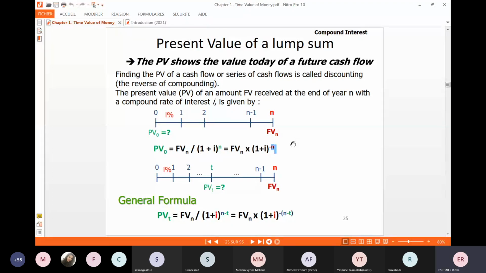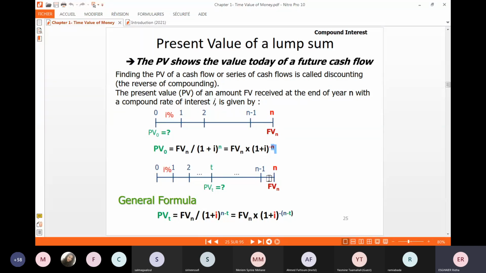But when we go back from the future to the present, we have to eliminate the interest. We divide by 1 plus I to the power n, or we multiply by 1 plus I to the power minus n. When we want to compute the present value at a date which is not 0, not today, at a future date, going from the date n to the date t consists of subtracting from the future value the interest of n minus t years.